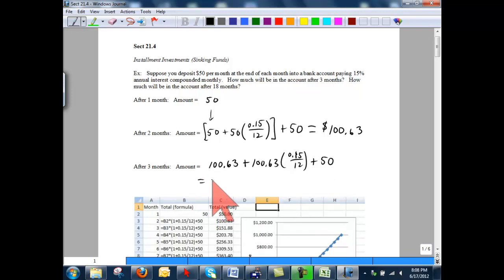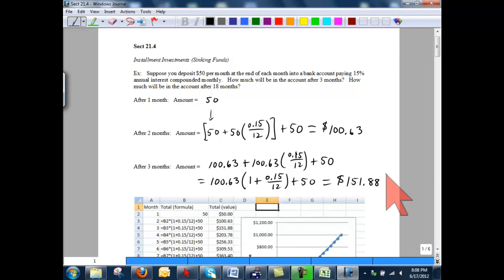I could work this out. Notice that there's perhaps a slightly simpler way to write this. The first 2 terms have the $100.63, so I could factor that out and compute it this way, and it works out to be $151.88.